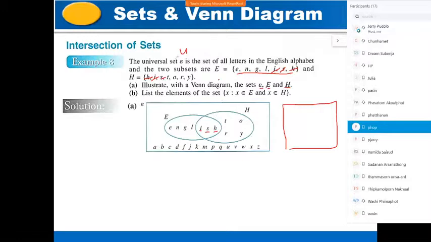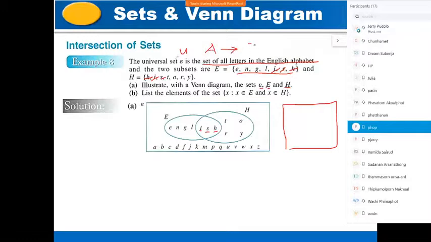Okay. And since our universal set is the set of all letters in the English alphabet, how many letters are in the English alphabet? There are 26, right?